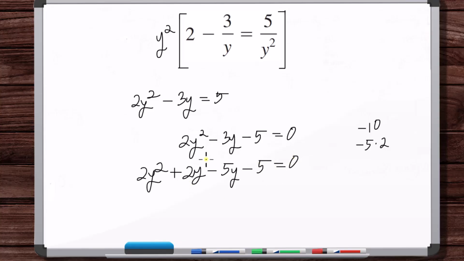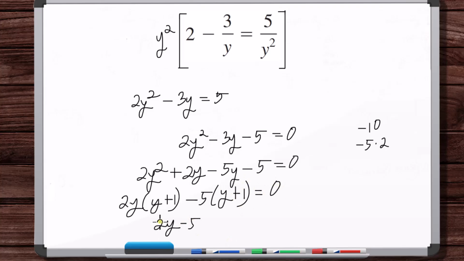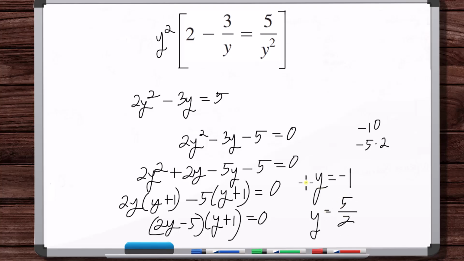Yeah, that's going to work. Factor out a 2y here, you have y plus 1. Factor out a minus 5 here, you've got y plus 1. So 2y minus 5 times y plus 1. So y is equal to minus 1, and y is equal to 5 halves. And y just can't be 0. That's the only restriction.